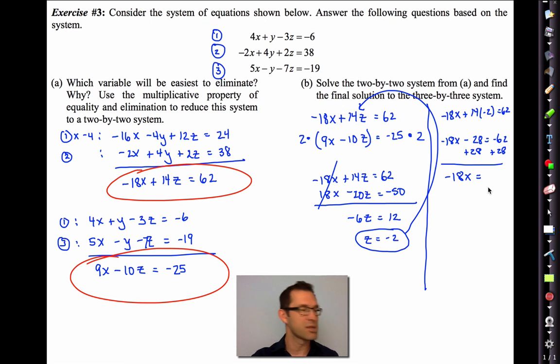I solved it previously. Let me put this in my calculator. That's going to give me, ooh, something's going wrong. What happened? 18x minus 20z. Z is definitely negative 2. So negative 28.